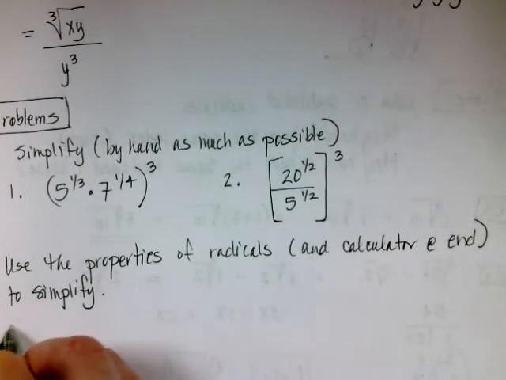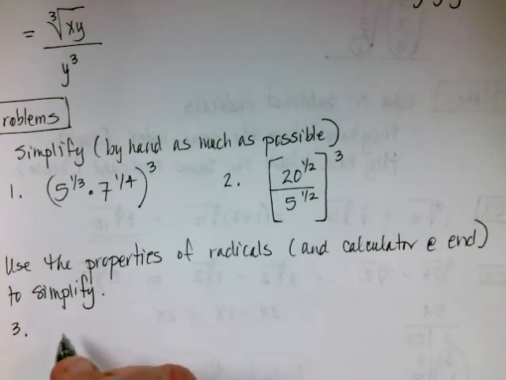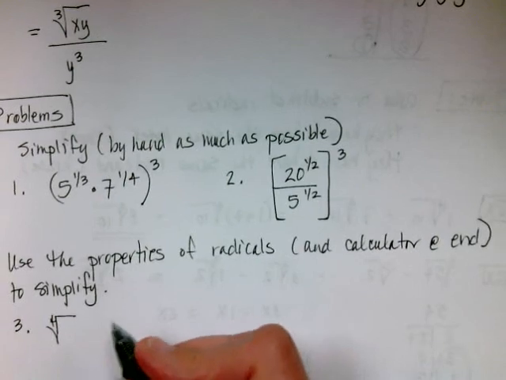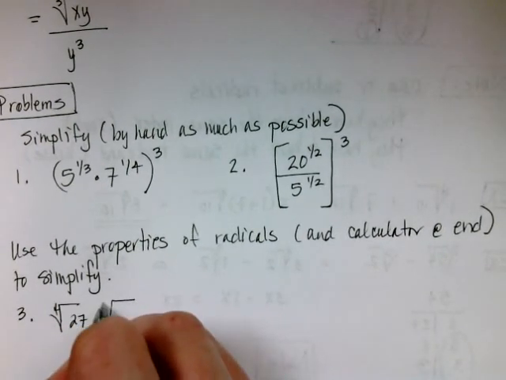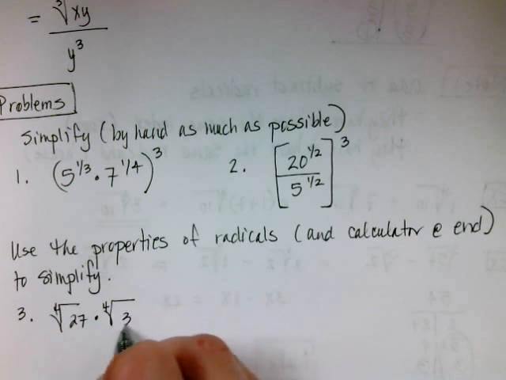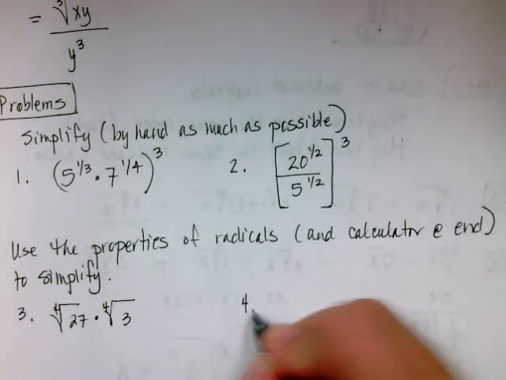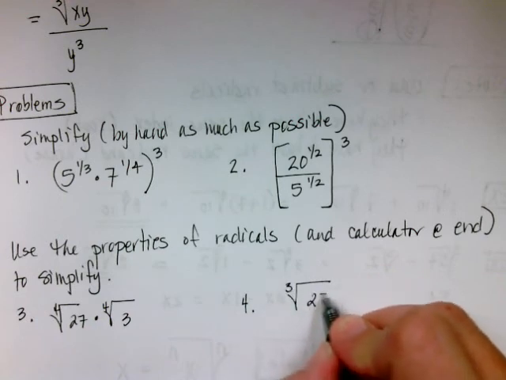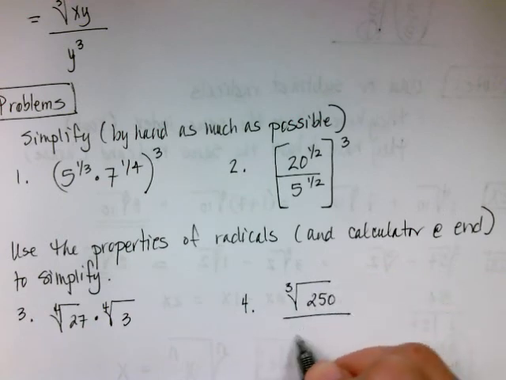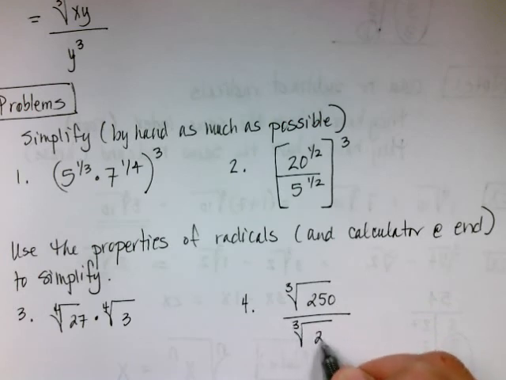Number 3 is going to be the fourth root, that's a 4, sorry, the fourth root of 27 times the fourth root of 3. And then problem number 4 is going to be the third root of 250 divided by the third root of 2.